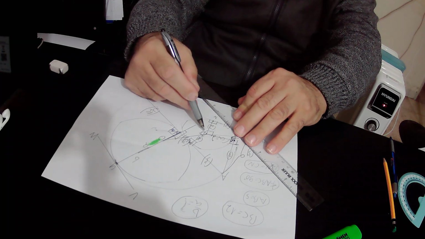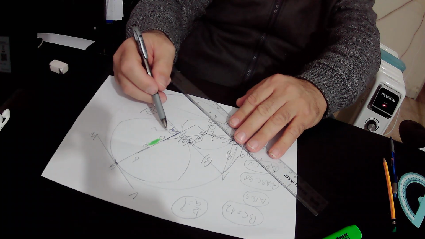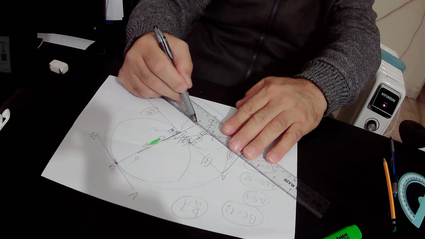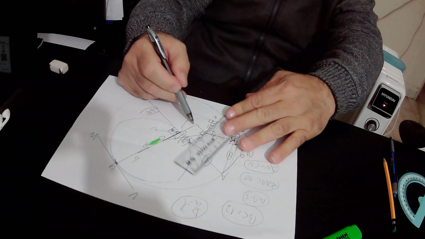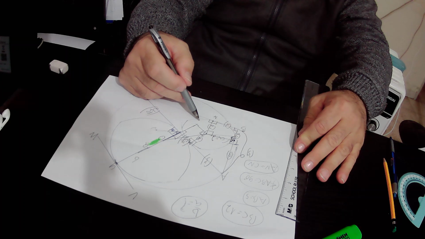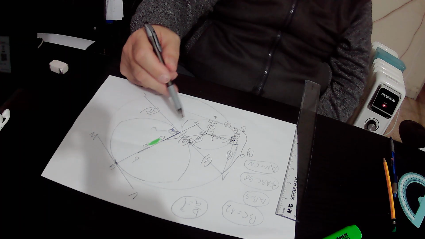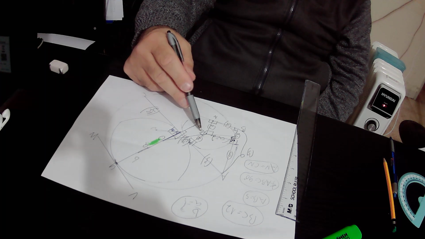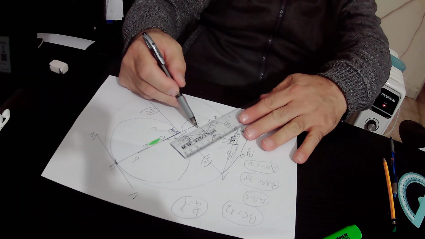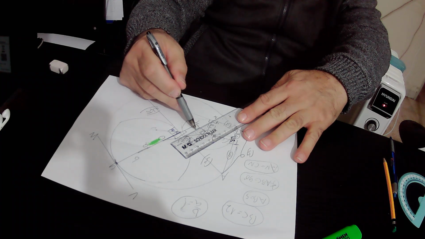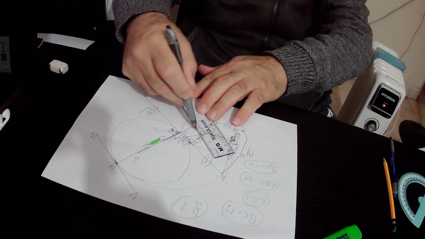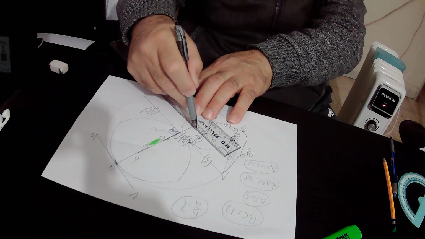We'll extend the perpendicular until it touches the extended ON, and we define the touching point as point T. So inside quadrilateral MNTP we have 3 right angles, therefore this fourth angle must also be equal to 90 degrees, according to the rule that the sum of the angles in any quadrilateral is equal to 360 degrees.